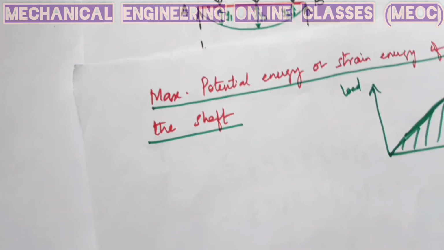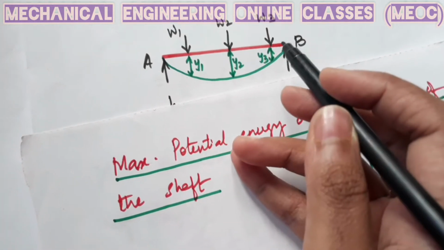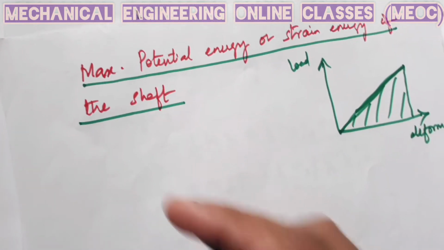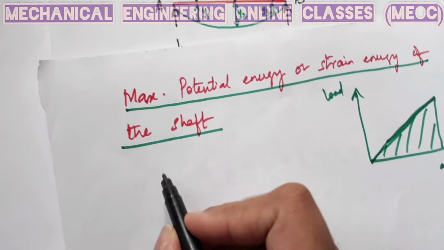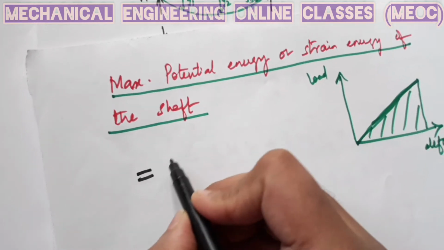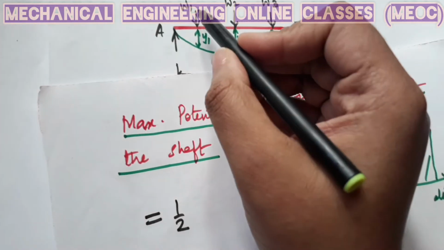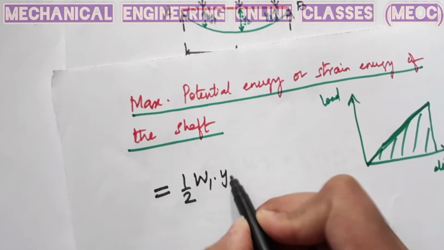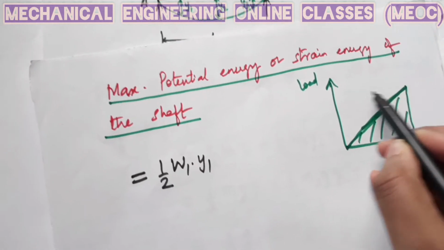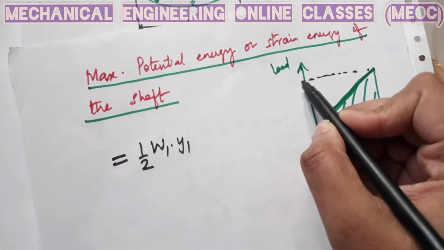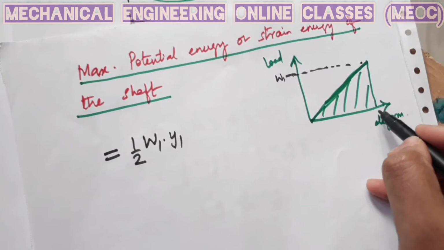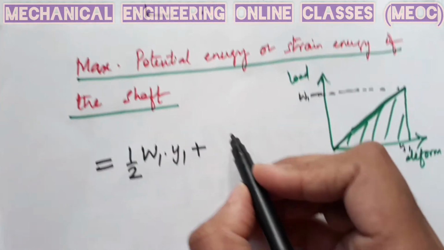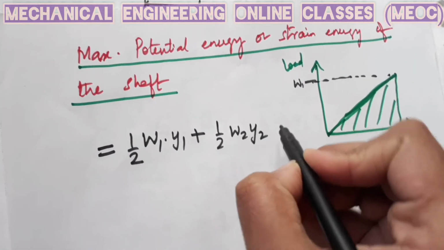So the potential energy considering all the point loads will give us the total potential energy or the maximum potential energy, which is nothing but the strain energy of the shaft. So we can write the maximum potential energy as half into, for the first load, W1 into Y1, plus for the second load half W2 Y2 and so on.